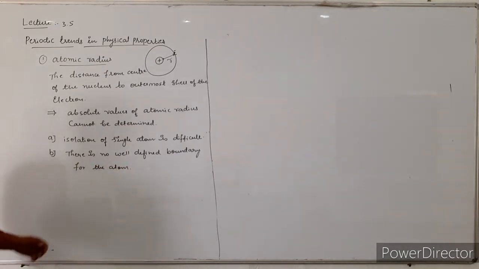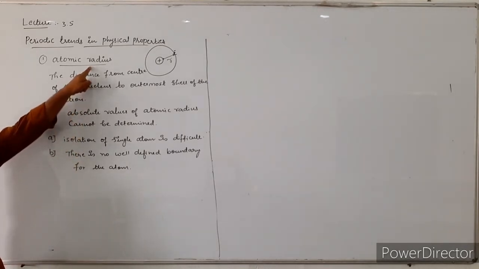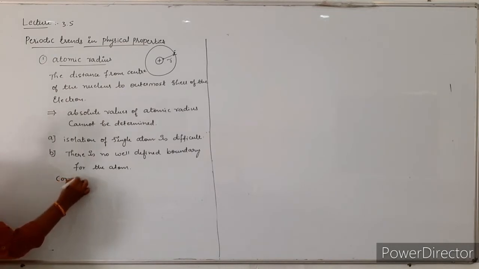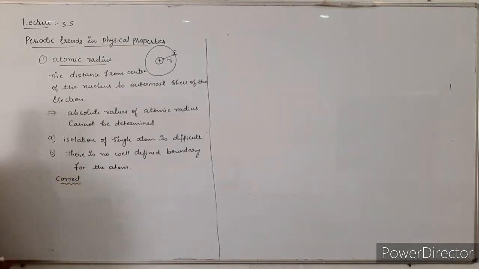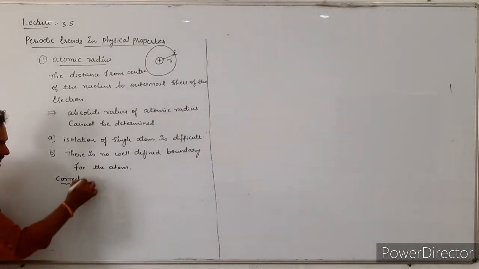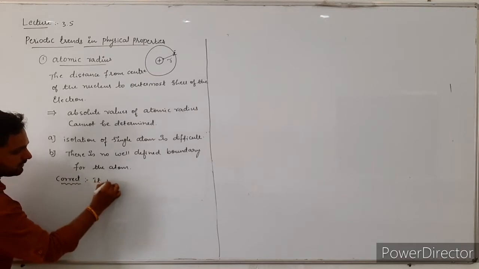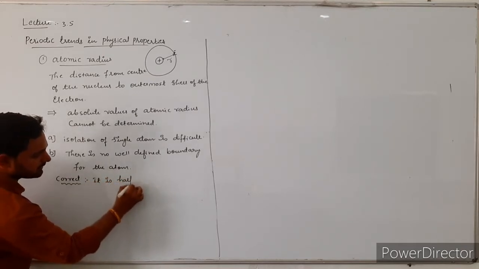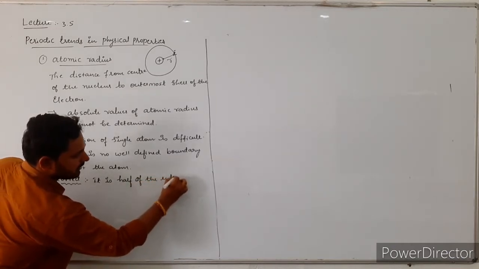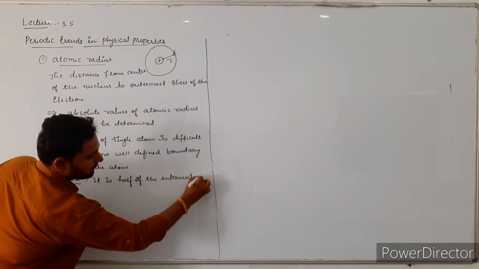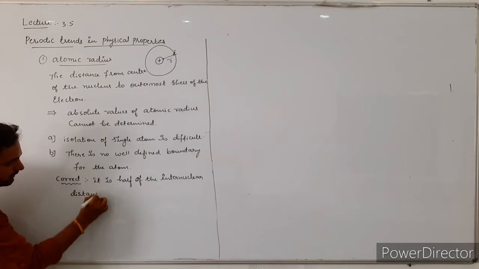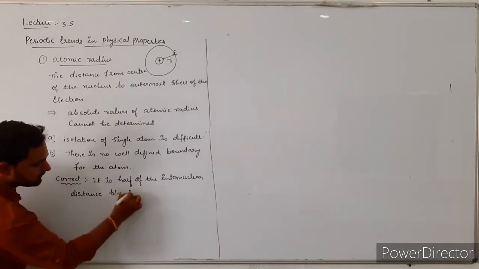Next, what is the exact definition for atomic radius? The correct definition for atomic radius is half of the internuclear distance between two atoms.